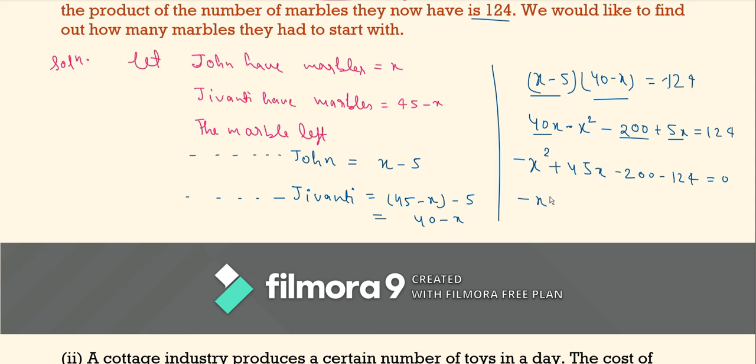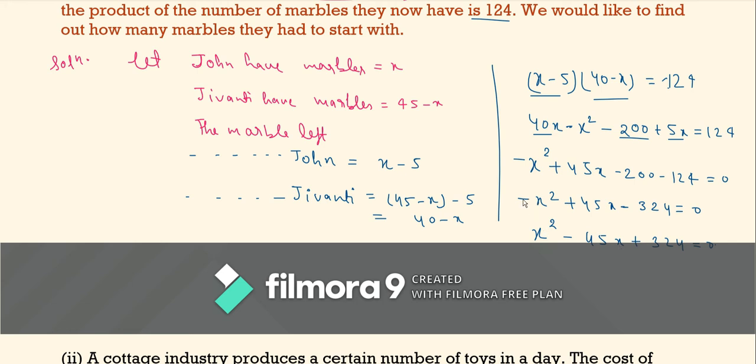Now write again, then you can add them, but the sign will be negative and it becomes 324. Now make this minus sign into positive so that it looks nice. x square minus 45x plus 324 is equal to 0.